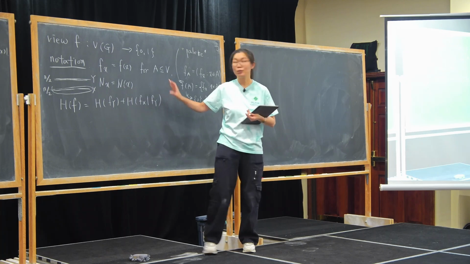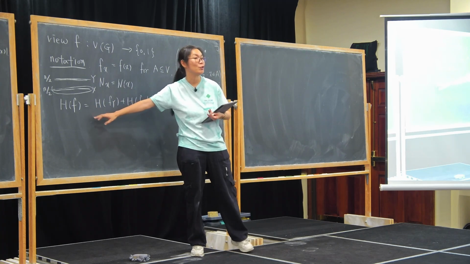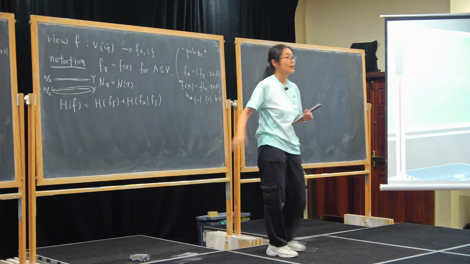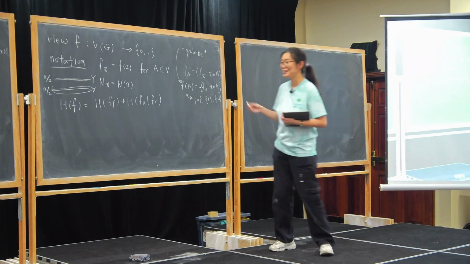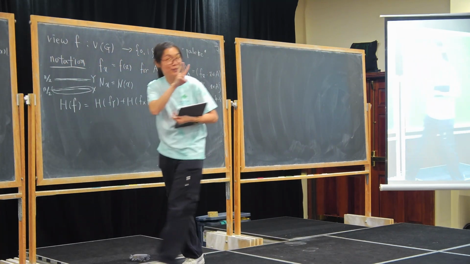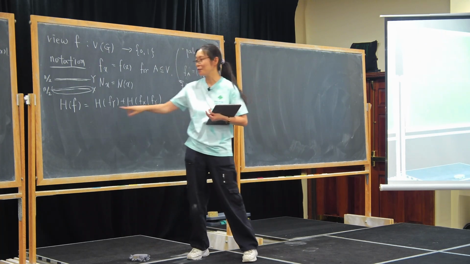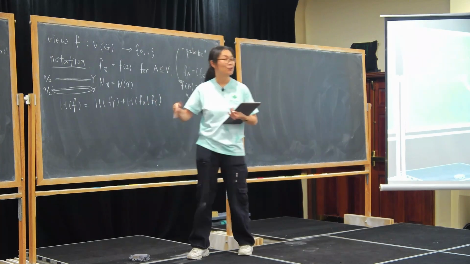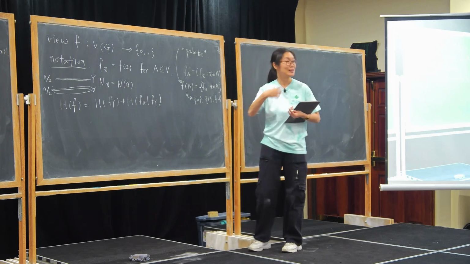Okay? And this is an equality because we are using the conditional entropy. So to get this upper bound, we just need to do two things. First, give an upper bound on the first term. Second, give an upper bound on the second term, and then combine them. That's what we are going to do.